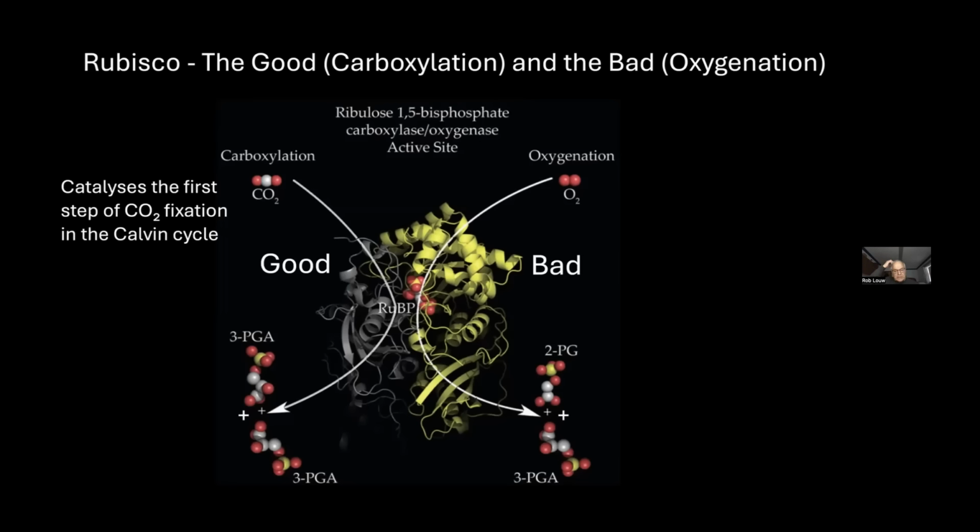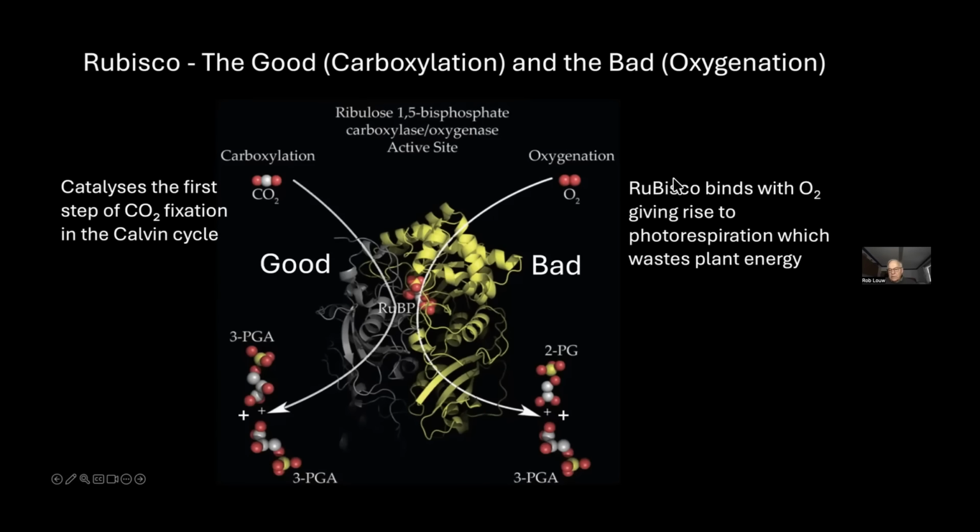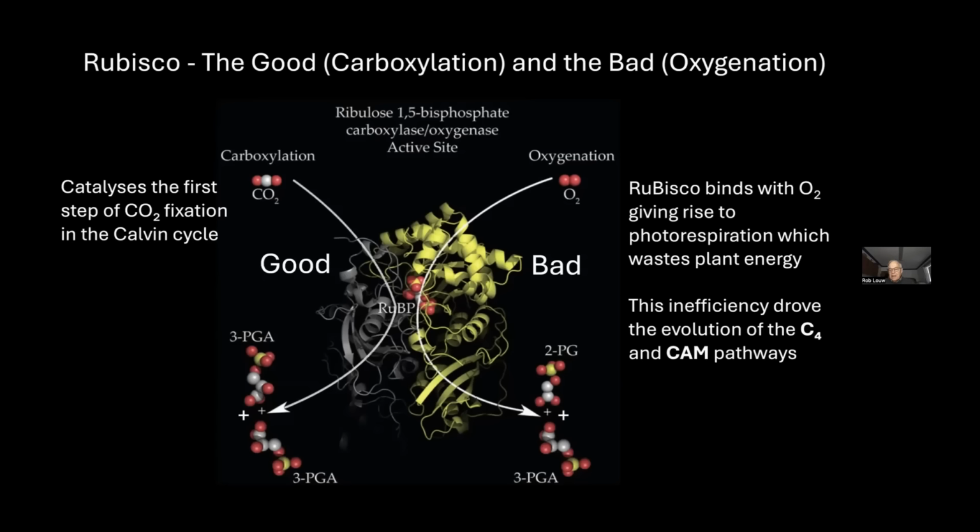Carboxylation is the catalysis of carbon dioxide, the first step in the Calvin cycle, but with oxygenation, the rubisco binds with oxygen, which gives rise to photorespiration and wastes the plant's energy.